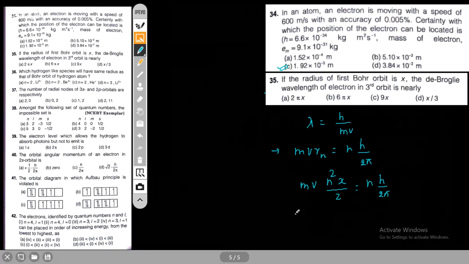So we can write here n square, and this n will get cancelled. So 3x by 1, since it is third orbit, so n is equal to 3, into 2 pi is equal to h by mv. So answer will be 6 pi x, option B is correct. Okay, option B is correct. Now, question number 36.